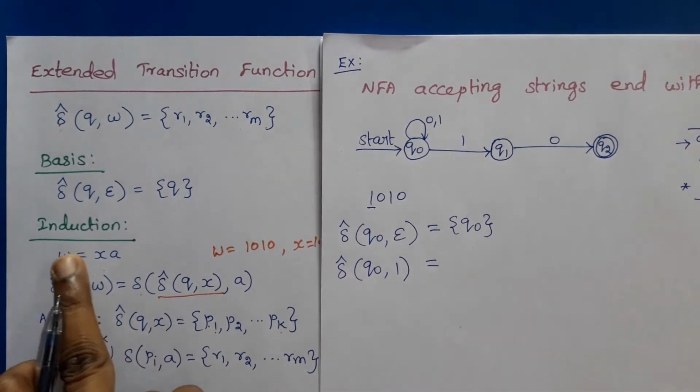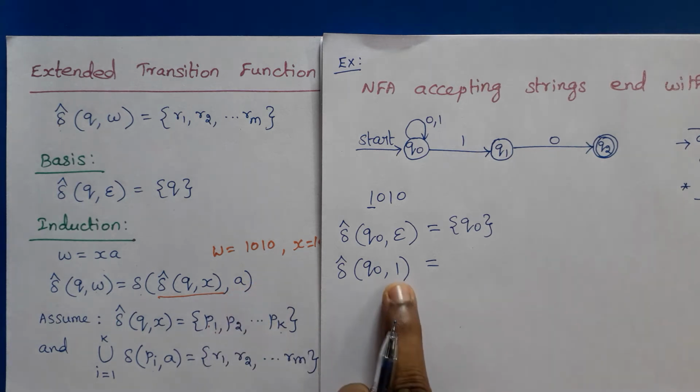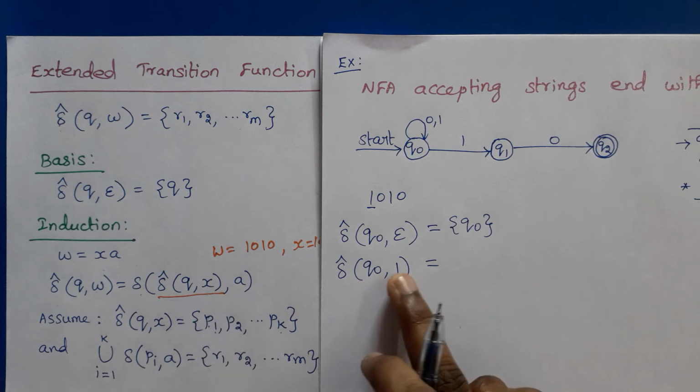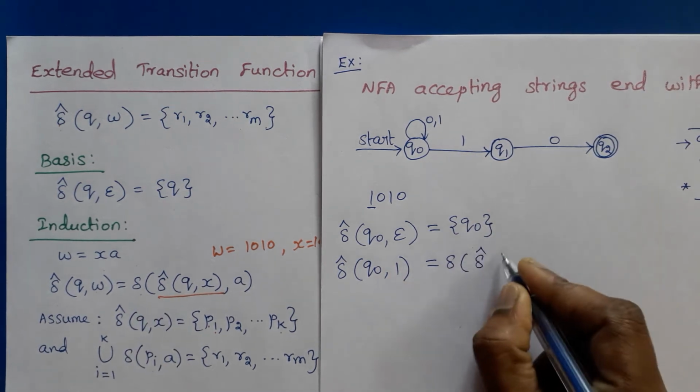Here we have to consider the induction step. So W should be written in the form of XA. Here A is 1 and X is epsilon, because the remaining symbols of W mean epsilon here.